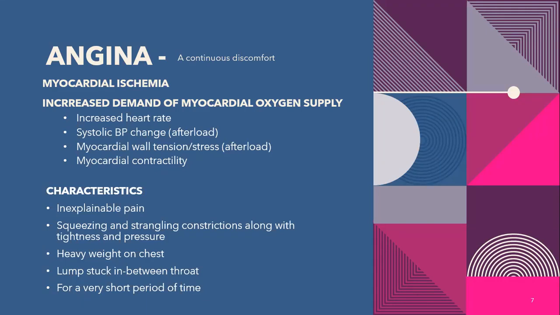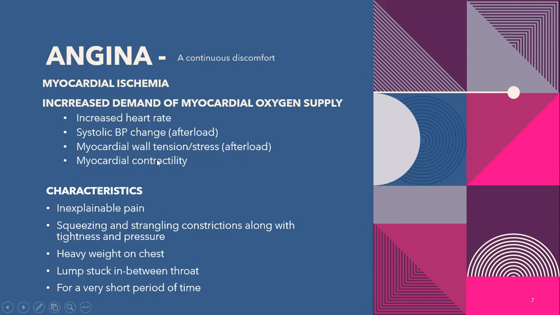As oxygen supply is needed, there is an increase in the heart rate, and the systolic BP will change. That is known as the afterload. And myocardial wall tension stress is known as the preload. I'm sorry for this mistake. And then there is the myocardial contractility.